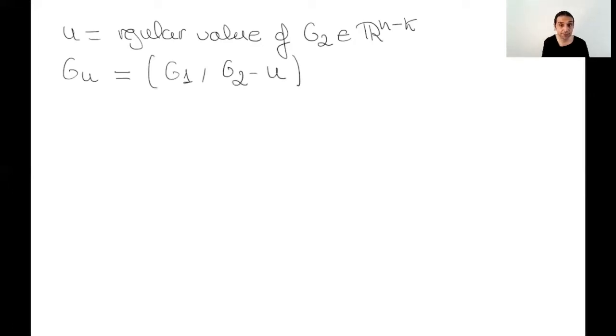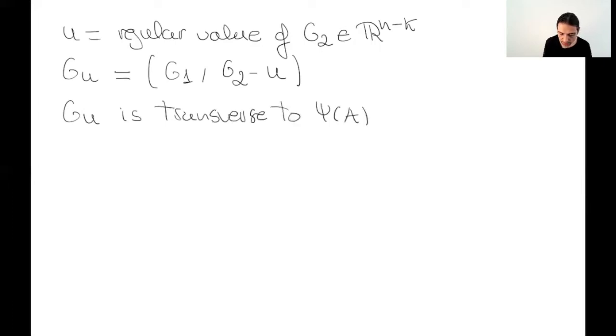What we have is that G_u is transverse to psi A along phi K by construction, because u is a regular value. And when u tends to 0, these capital G_u's are providing approximations of capital G for the weak topology.